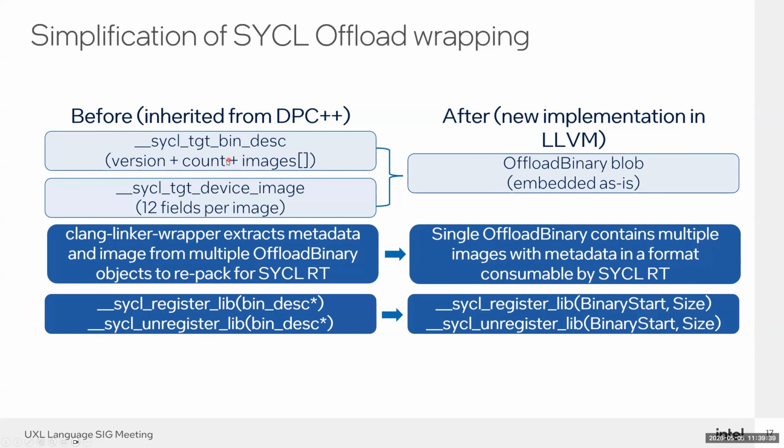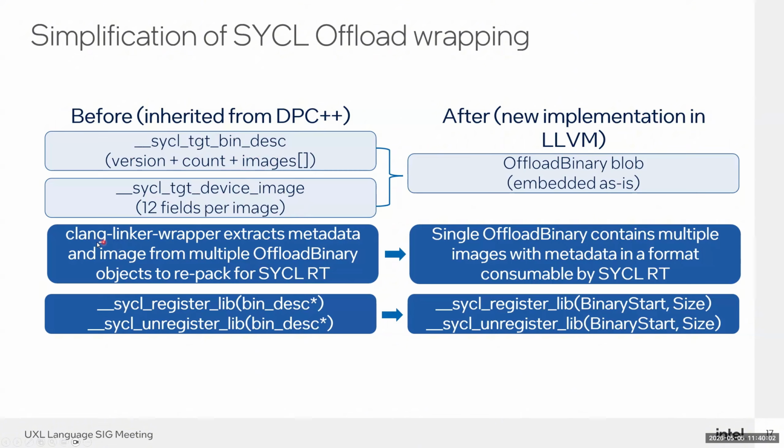And then each image is actually, again, a custom SYCL TGT device image structure, which contains 12 fields per image. It includes all these property sets, symbol generated, and some other stuff which is needed.